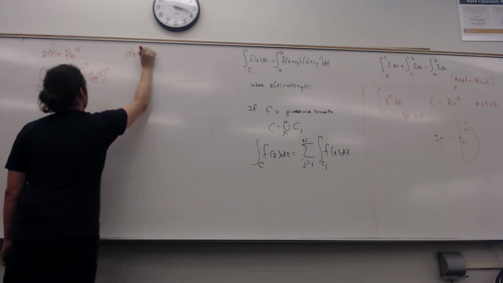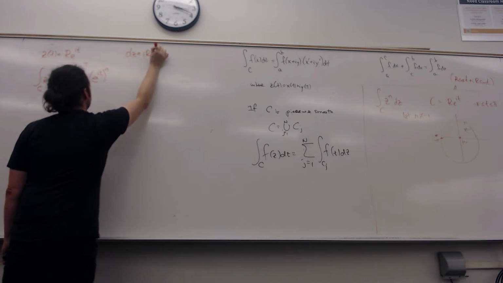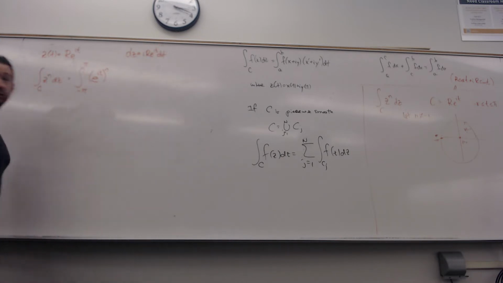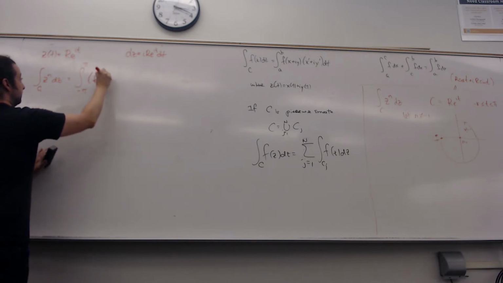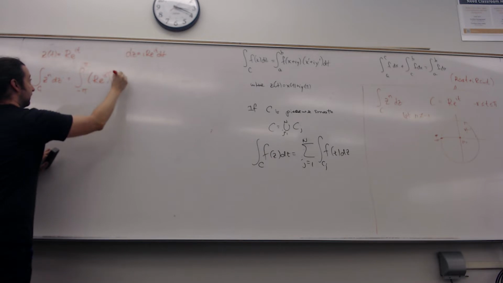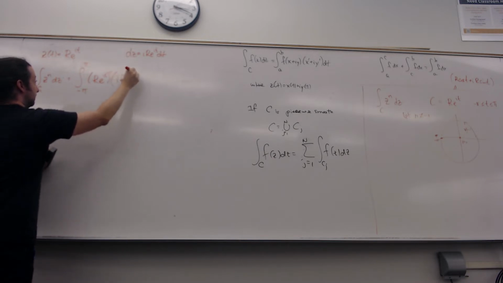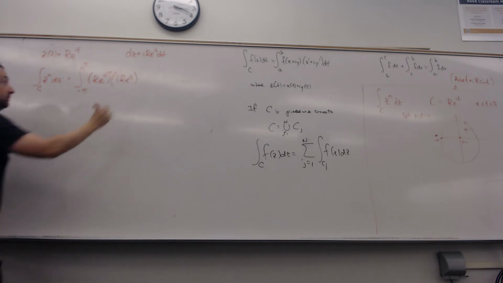So we get i r e to the it dt, just by the chain rule. Feel free to double check me here and make sure I don't make any algebra errors. What's that? Are you missing an r inside to the n? I am. r e to the it to the n, and then dz is i r e to the it dt.